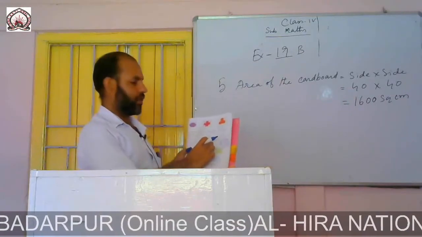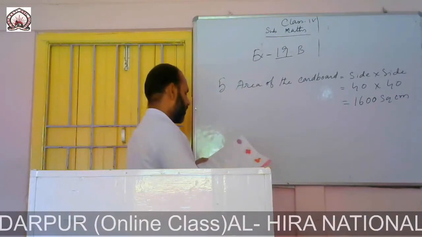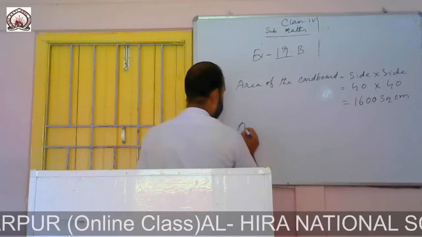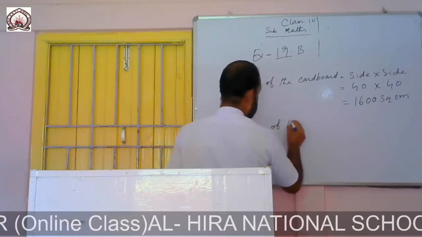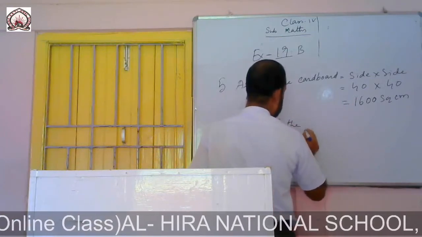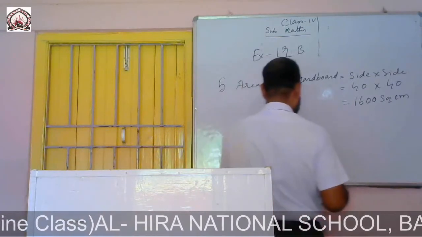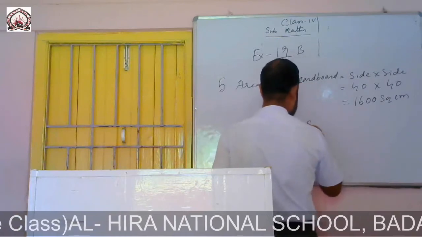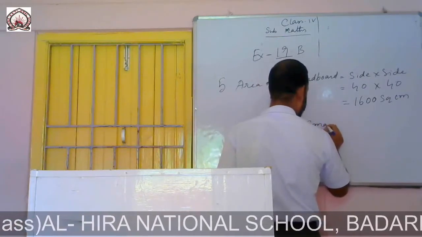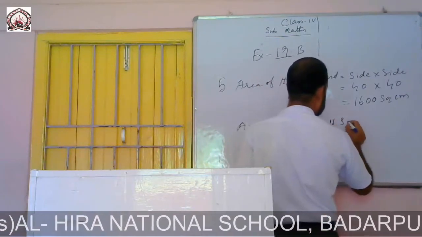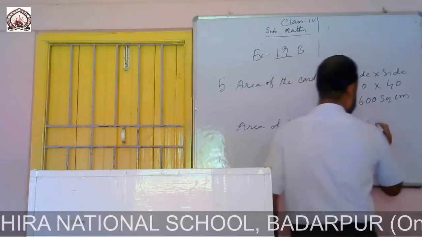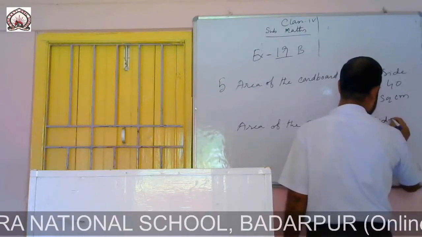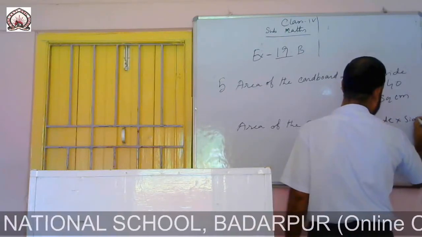So we write area of the small square equal to side into side.